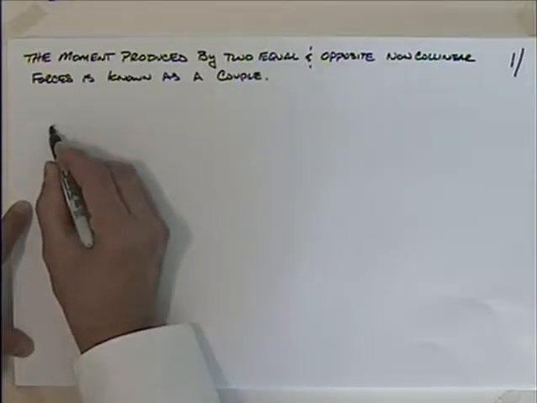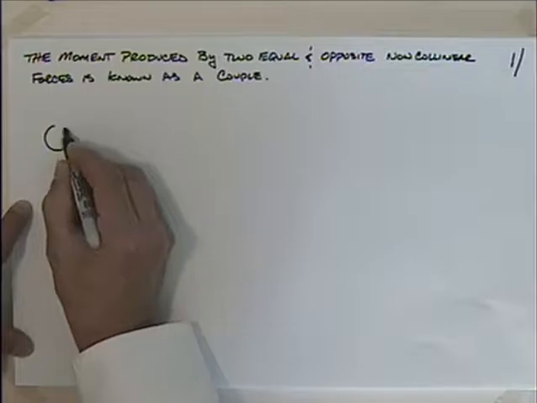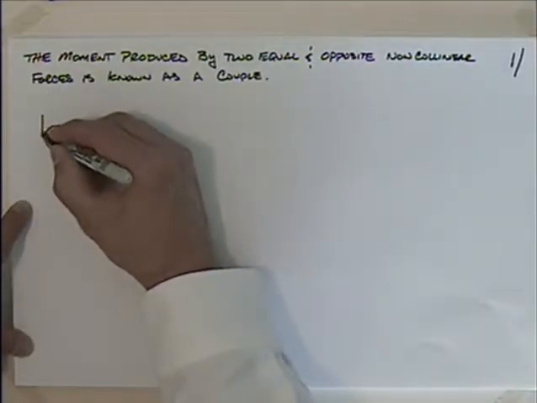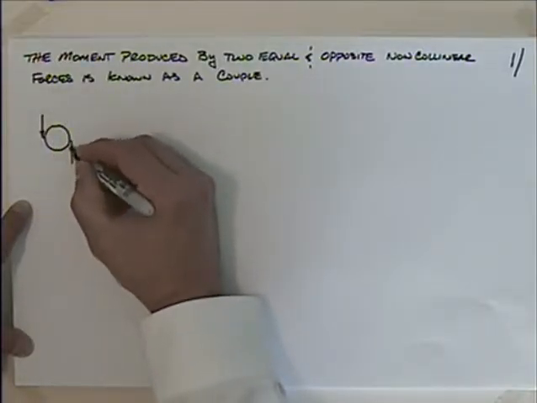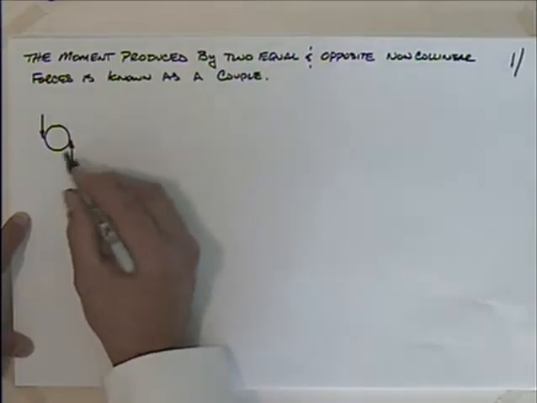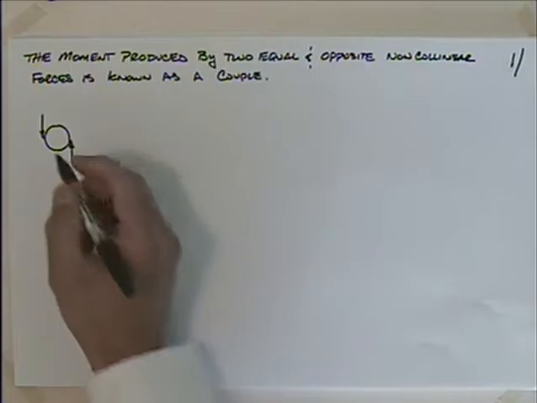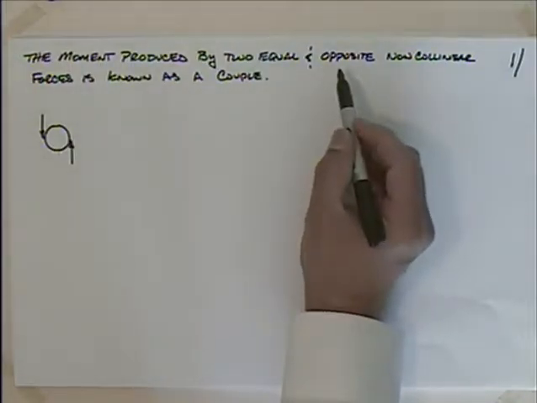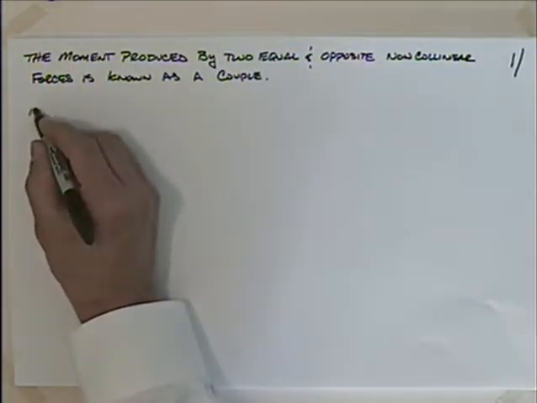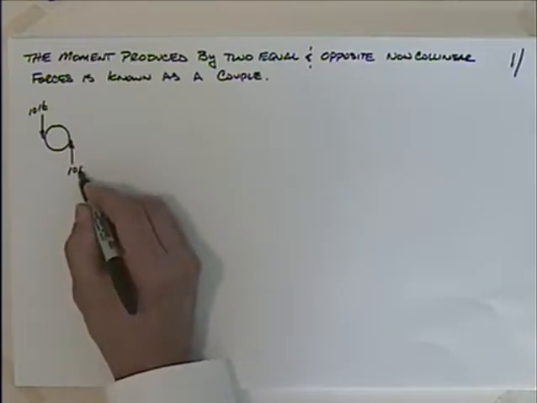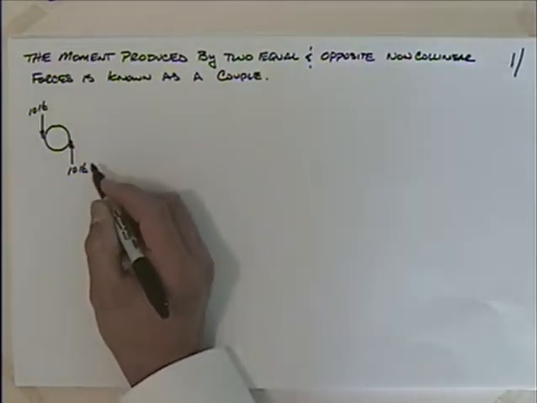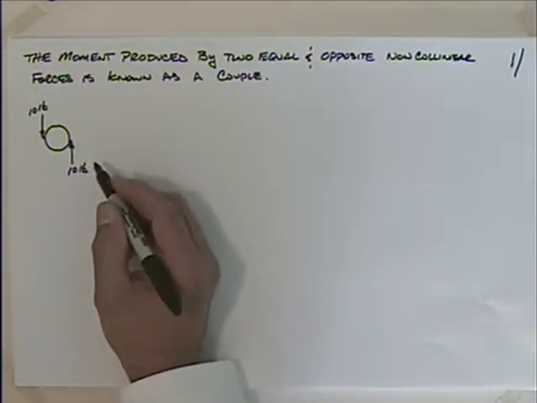When I introduced this, I talked about a jar lid where you had a force like this and a force like this, and that's going to create some rotational tendency. Technically those 2 forces, if this is 10 pounds and this is 10 pounds, they're equal, they're opposite, and they're non-collinear, so we'd have an example of a couple.